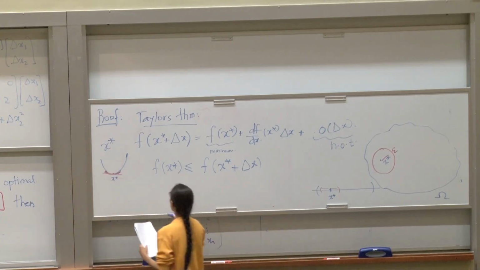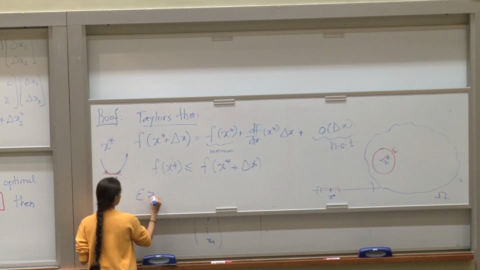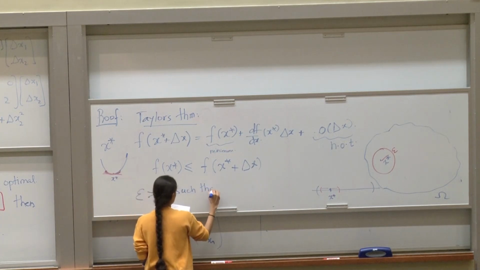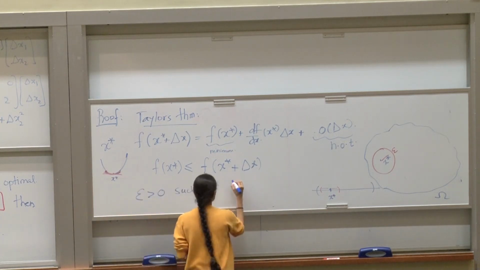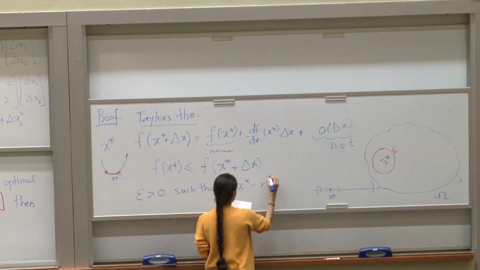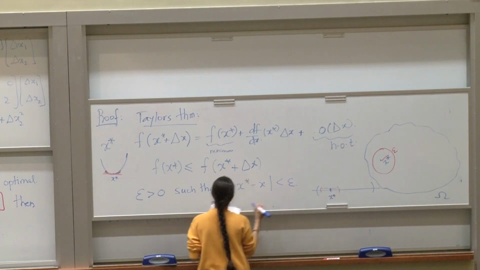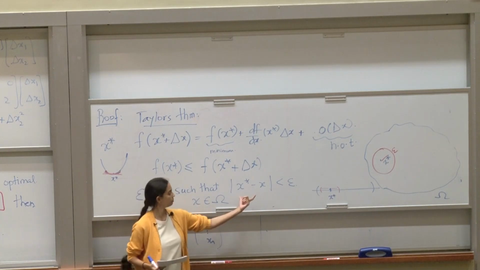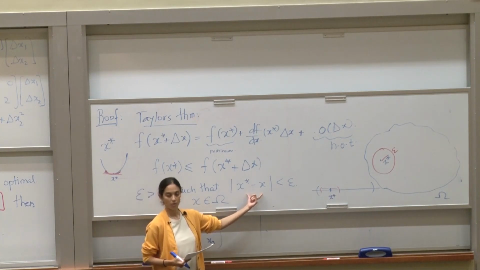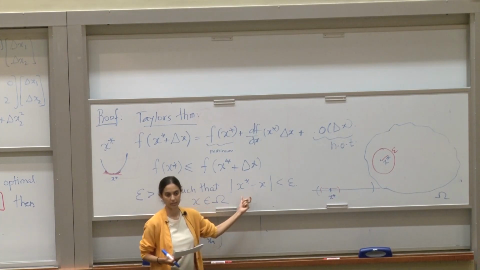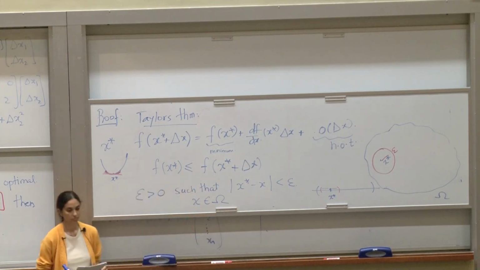So I can always find some epsilon strictly greater than 0 such that the norm of x star minus x is less than epsilon, and x belongs to omega, right? There's a set of points x that are close to x star, less than epsilon away, and that are all in the set. Okay?